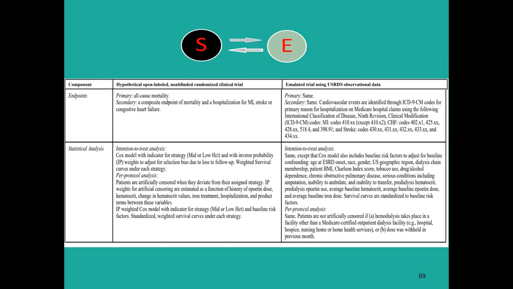For statistical analysis in this case, we conducted both intention to treat analysis and per protocol analysis.